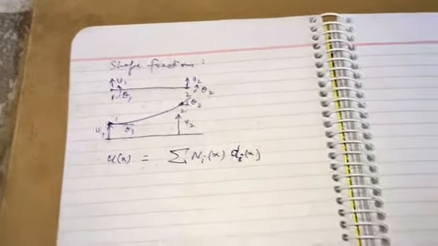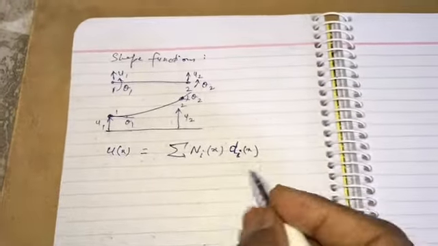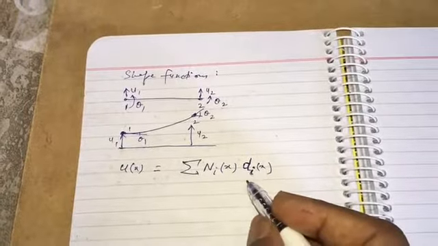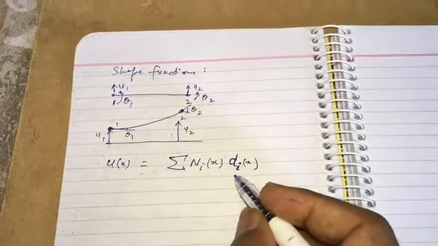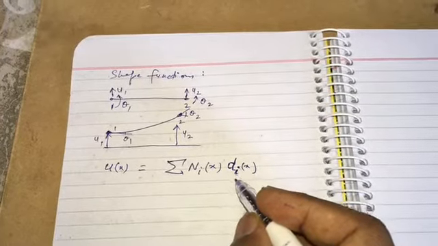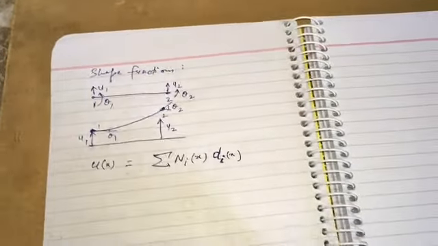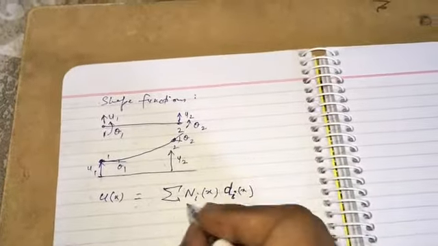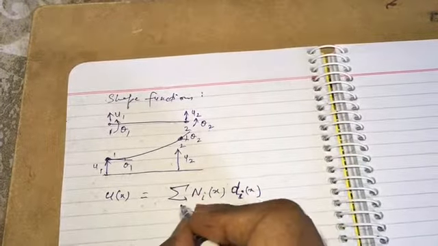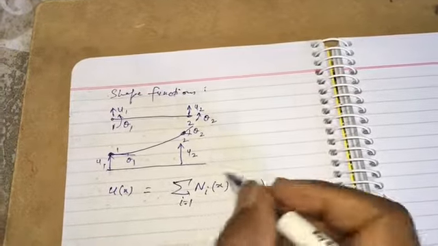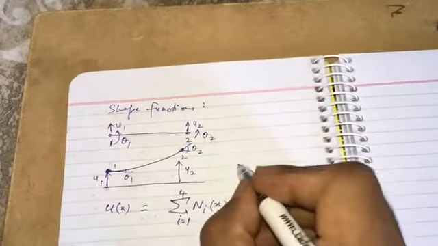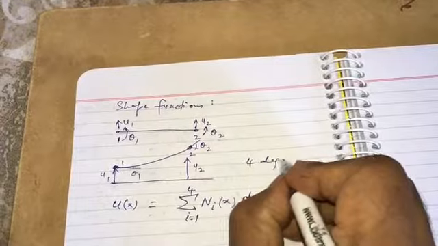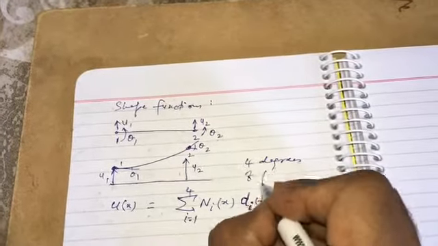The reason is we are going to combine theta and u both. So let's not write u, instead we will use d_i. So what is the meaning of d_i? Here i goes from 1 to 4, because there are 4 degrees of freedom.